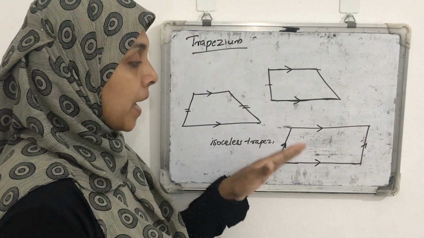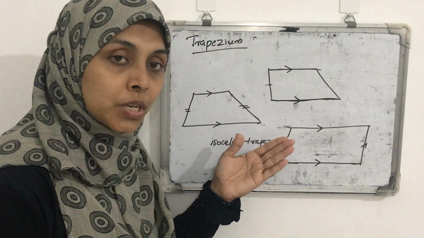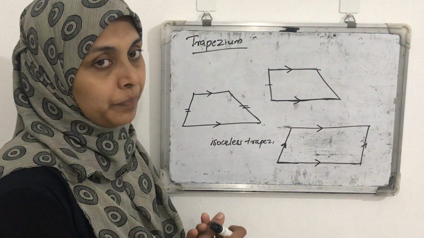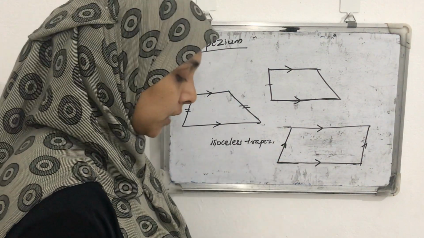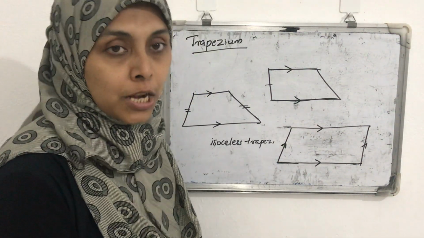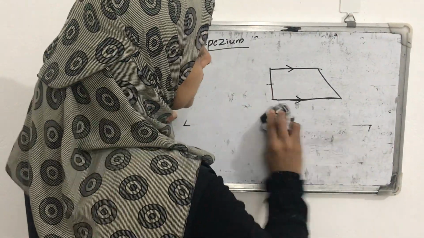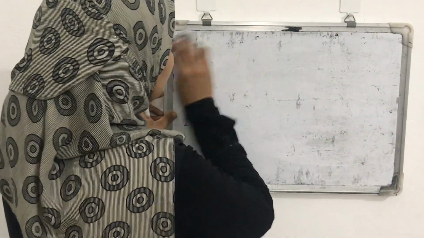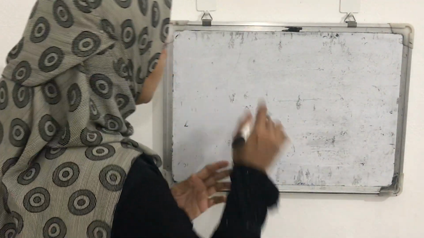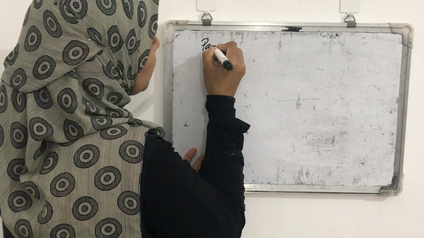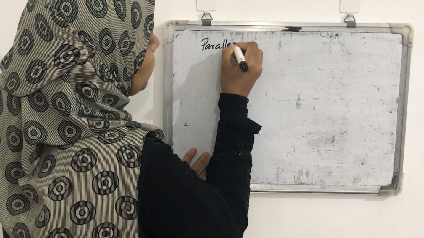So all parallelograms are also included in the set of trapezium. Okay. Now we can discuss more about the parallelogram. The properties of the parallelogram are very important. All of you want to know all the properties of the parallelogram.